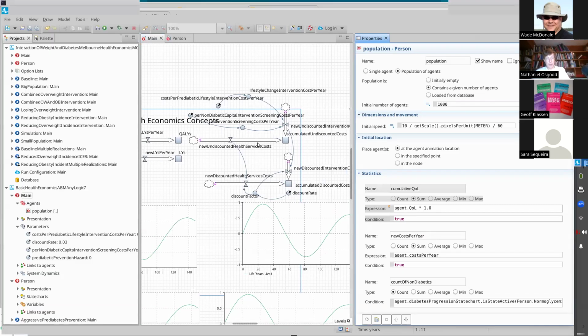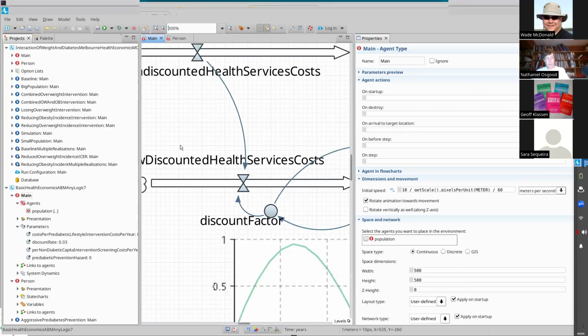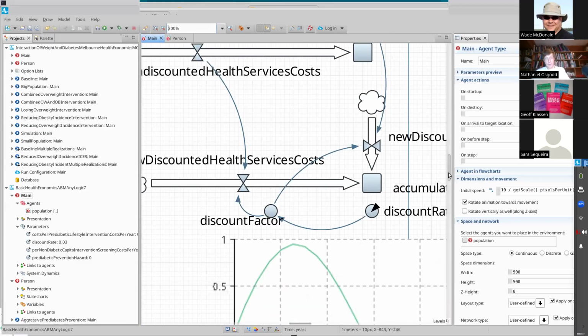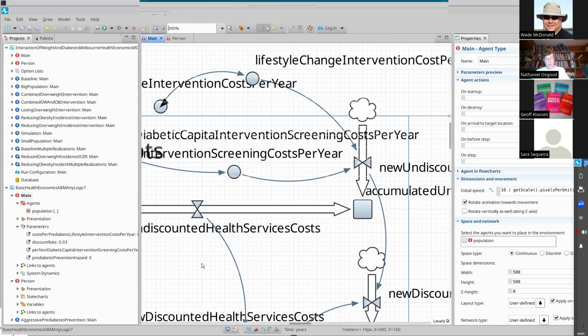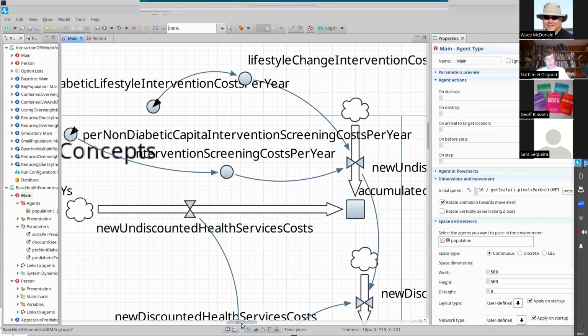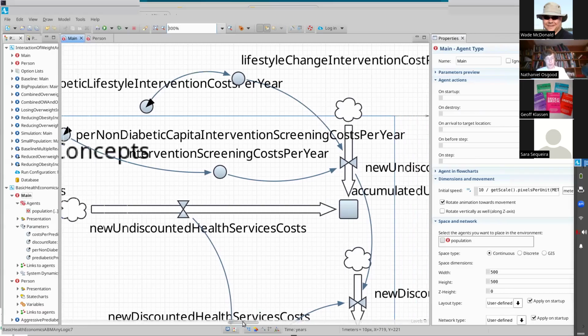But now we get to this more textured, more involved measure, which is accumulated undiscounted cost, or actually, it's not so much a more complicated measure, it's a more complicated process that accumulates it.